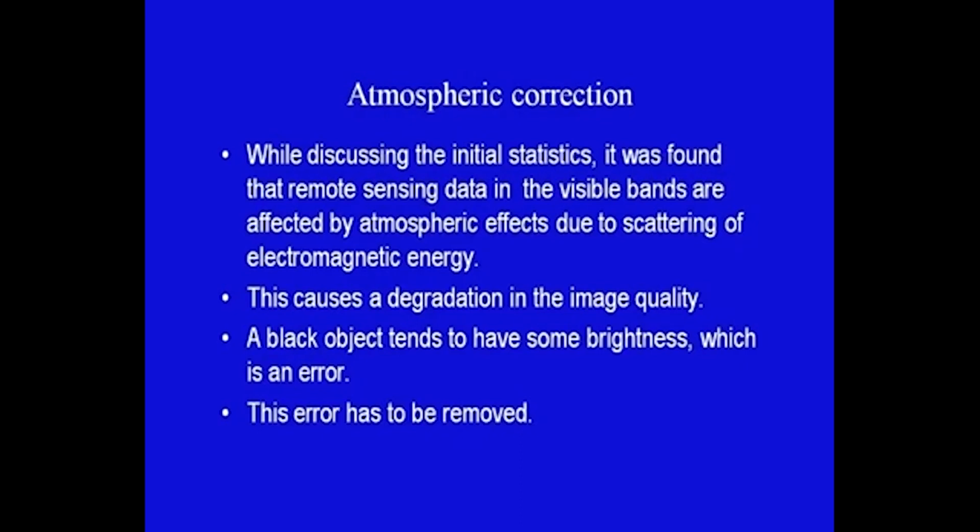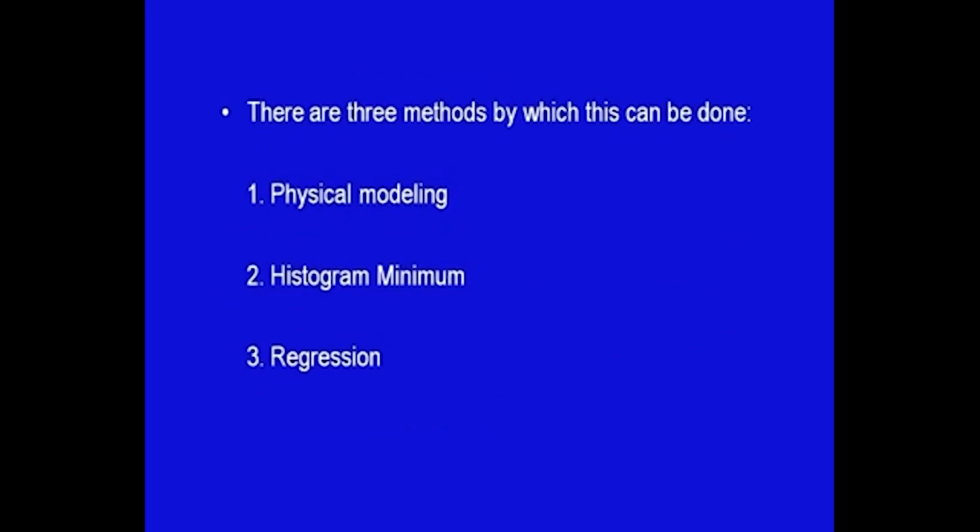This causes a degradation in the image quality. A black object tends to have some brightness, which is an error. Now, this error has to be removed. So, let us look at how this can be performed.